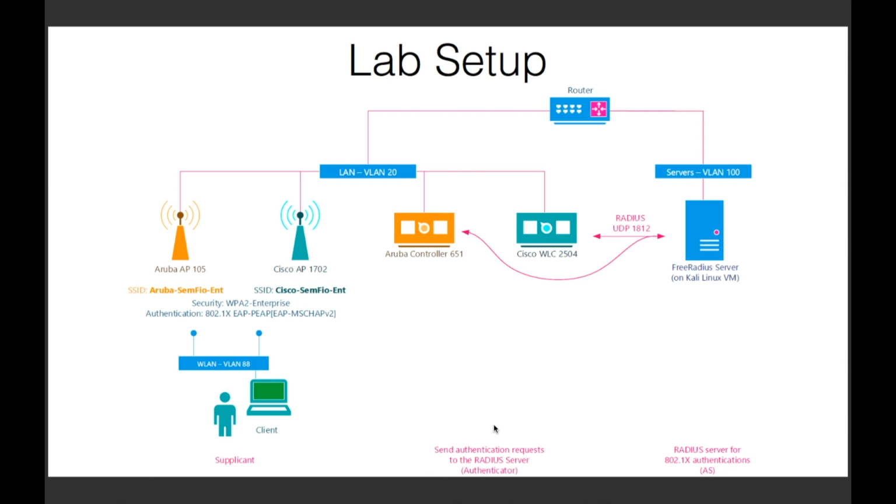The authenticator is going to relay the authentication request to the authentication server, and the authentication server authenticates the supplicant. So in our case, the supplicant is going to be our client. The authenticator is going to be the Aruba controller and the Cisco controller, and the authentication server is going to be our FreeRADIUS server.